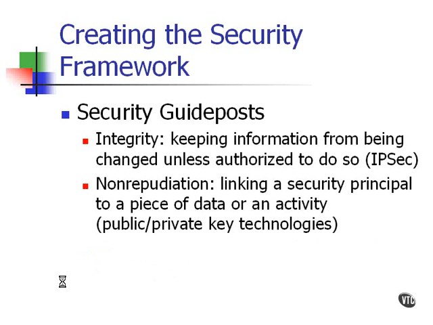And then finally, another guidepost is the guidepost of non-repudiation, which is a tough thing to say 5 times in a row. But this concept links a security principal, a user, a group, for example, to a piece of data or an activity. And so you can implement this certainly with auditing, but you can also implement this with public and private key technologies.